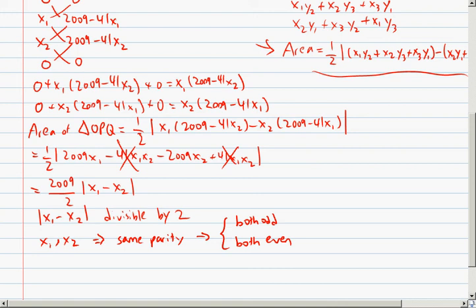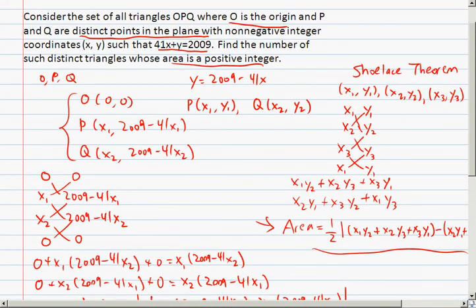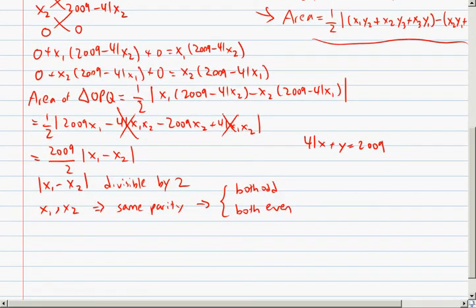And we also have the fact that because 41x plus y is equal to 2009, and we must have non-negative integer coordinates x, y, we have the restriction that x1 and x2 must be between 0 and 49 inclusive, since we have (49, 0) as the x-intercept of the line 41x plus y equals 2009.